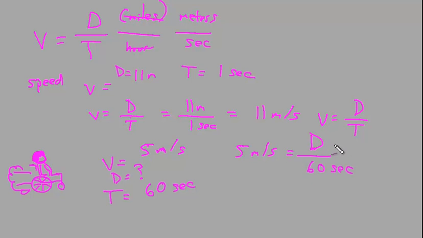Well, remember, if I multiply 1 to each side of the equal sign, does it change anything? No, it doesn't change anything. It's still going to be whatever it was before. If I multiply each side of the equation by 60 seconds, I haven't changed the proportions of the equation.